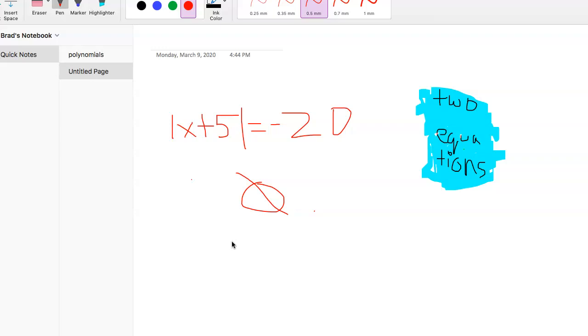A slightly more complicated version of that is, never pick the small eraser again, that's for sure.